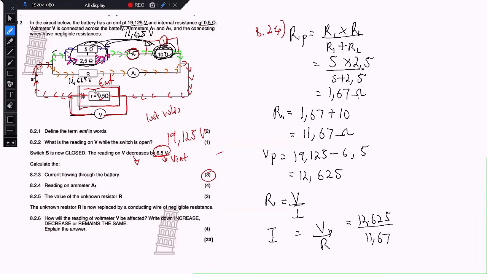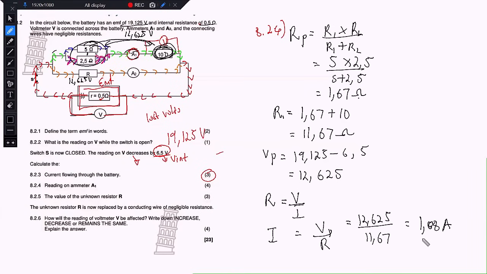Why? Because in parallel, the voltage is the same throughout. Now, if we divide that, we get a current of 1.08 amperes. Right? So that's how you were supposed to go about answering that one for a total of 4 marks.